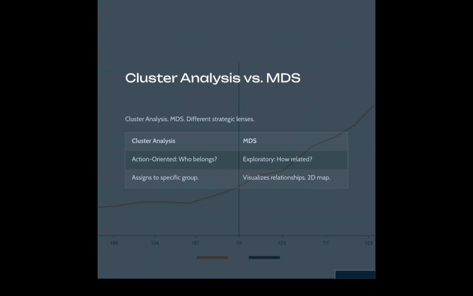MDS is more exploratory and diagnostic, helping managers understand underlying patterns and perceptions. In practice, MDS is often used first to visualize relationships, and cluster analysis is then applied to formally define customer segments. Together, these techniques help marketers both see patterns and act on them effectively.